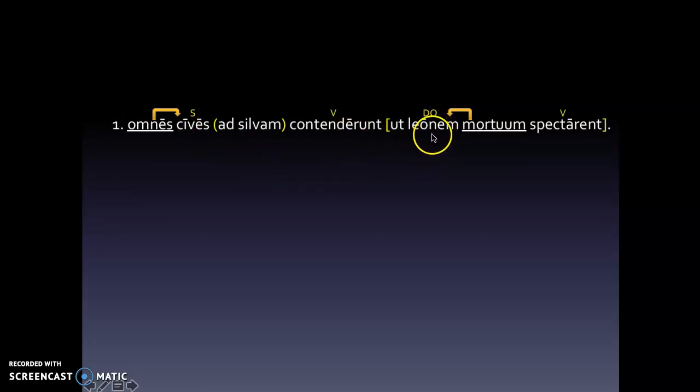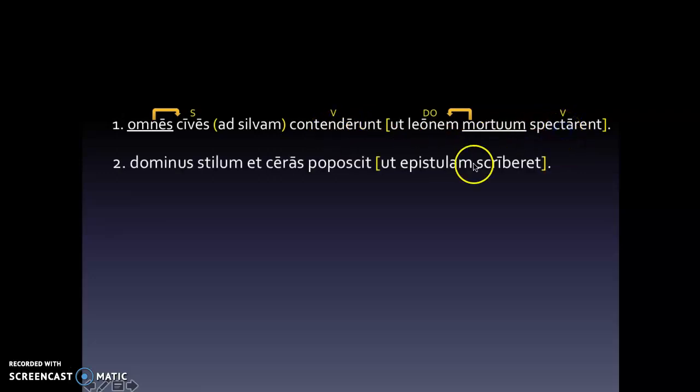We've got an accusative direct object and the verb of our subordinate clause. So all the citizens hurried to the forest in order to see the dead lion. So the reason, the purpose for them hurrying to the forest is to see the dead lion.